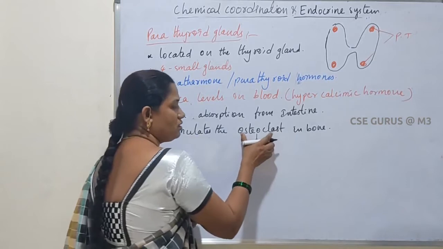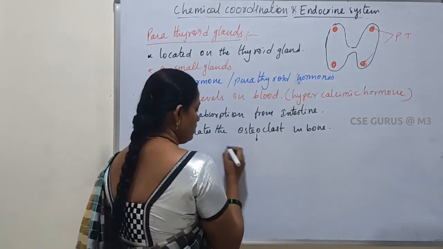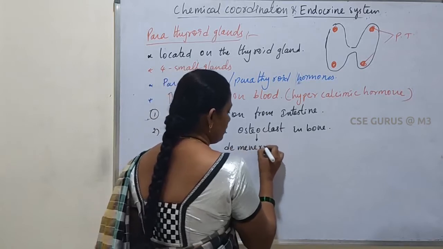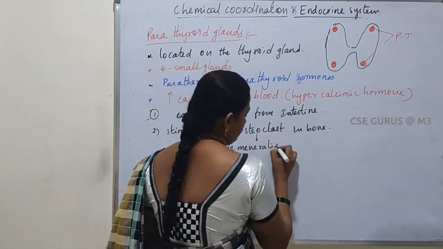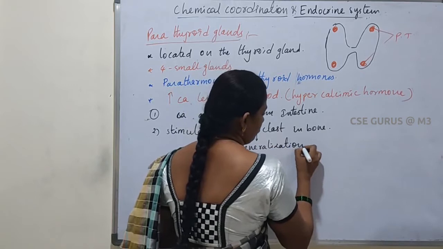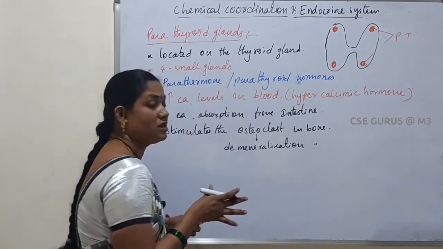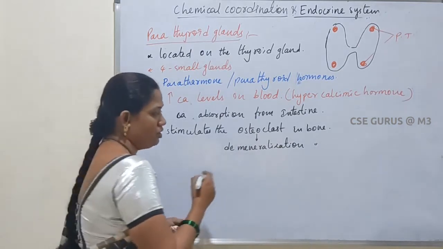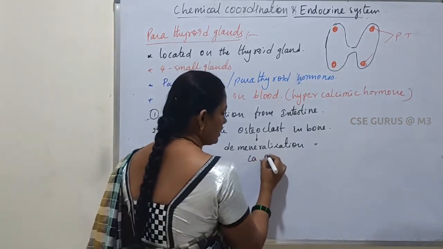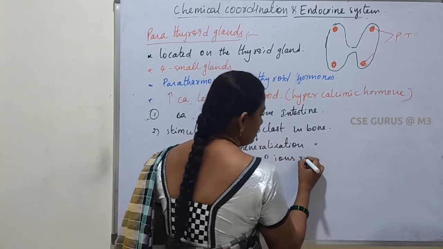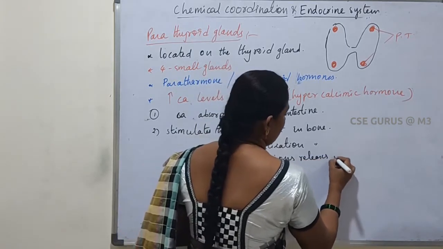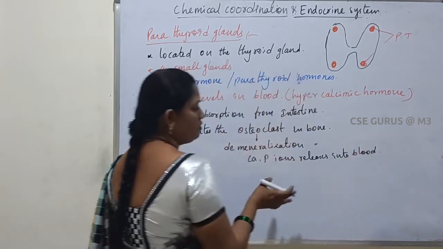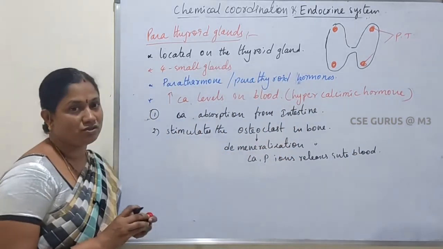As a result, these osteoclasts promote the demineralization in bone. The demineralization process takes place by the osteoclast. So that's why calcium and phosphorus ions are released into the blood.